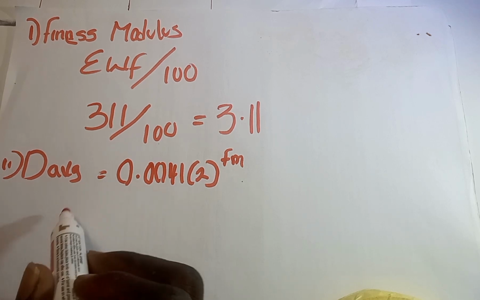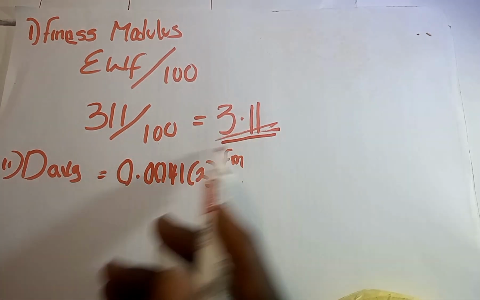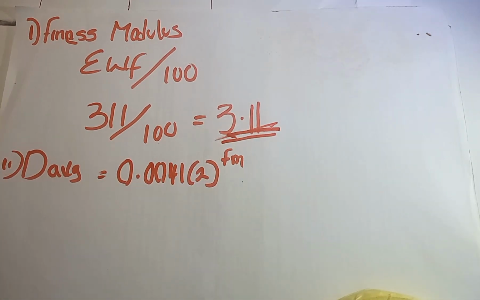So let's proceed. We know that our fineness modulus is 3.11.